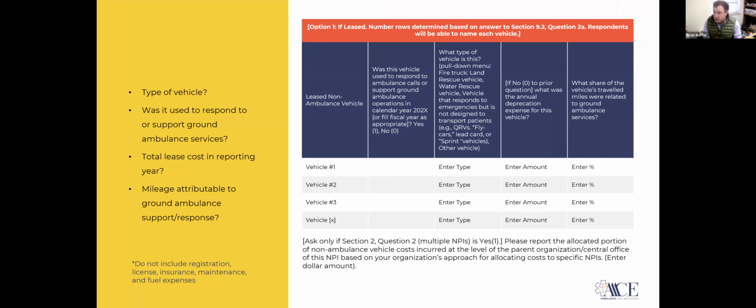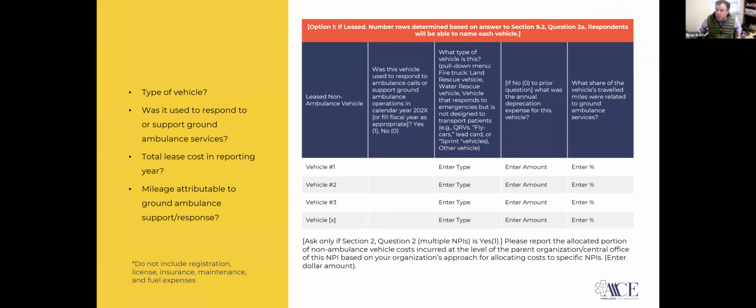All those various motor vehicles, if you have boats, helicopters that support your ground ambulance, or anything with an engine, right? You would list it, then you would indicate whether you own it or leased it, right? If you lease it, they'll ask you for the type of vehicle, the annual depreciation, which since you're leasing it should be 0, and then the lease payment itself.